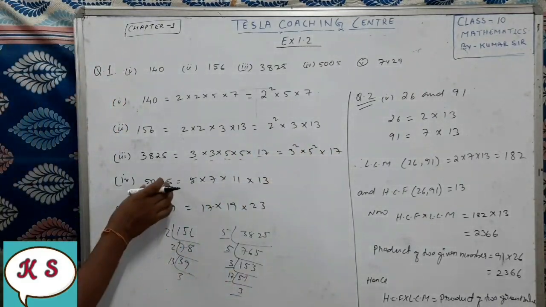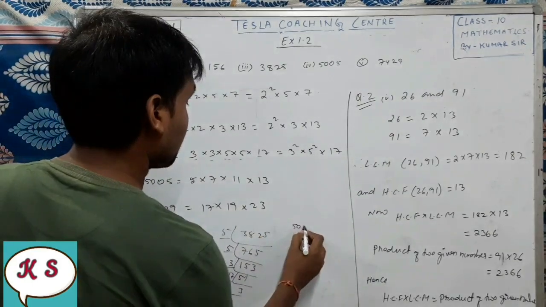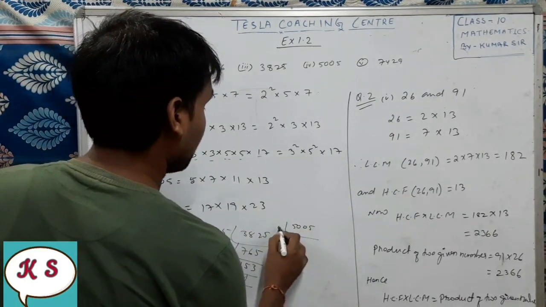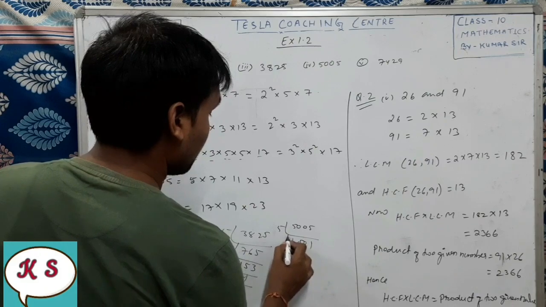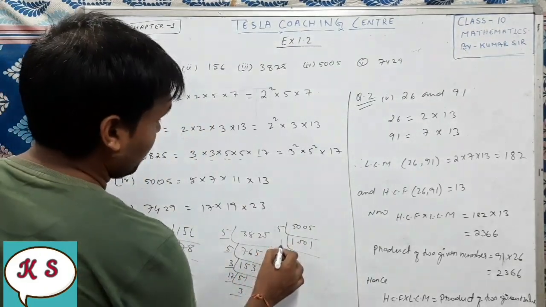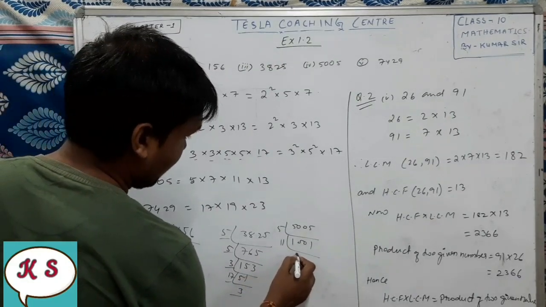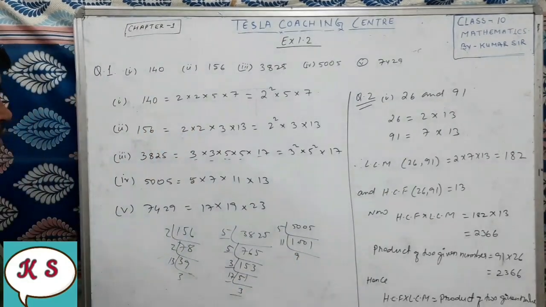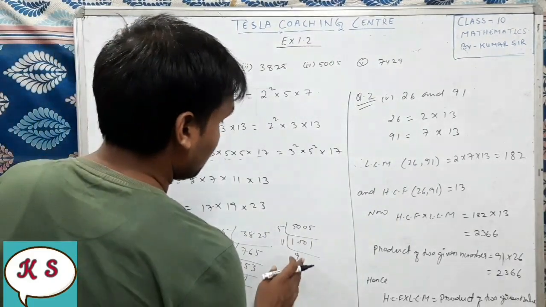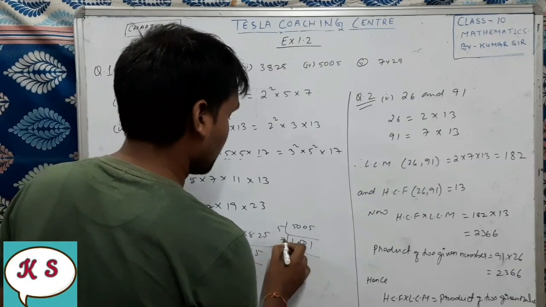Now similarly we will take the LCM for this one also. When you take the LCM, it will first go by 5, then by 7, you can just try it by 7 also, I think it is possible.